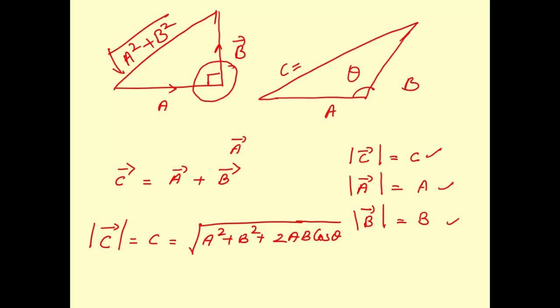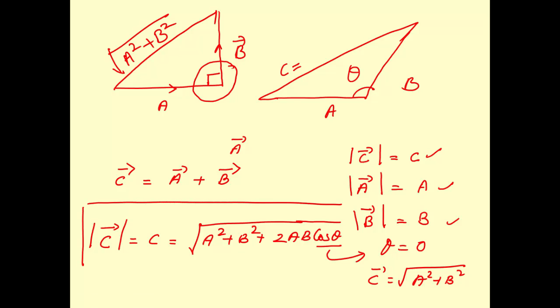The formula, if you put theta equal to 90 degrees, you will get cos theta equal to 0 and you will get the Pythagoras theorem. So this is the interesting formula that we are going to see.